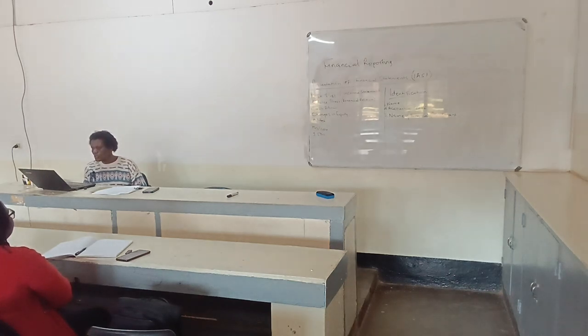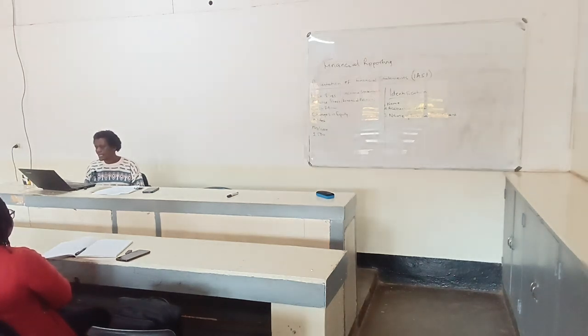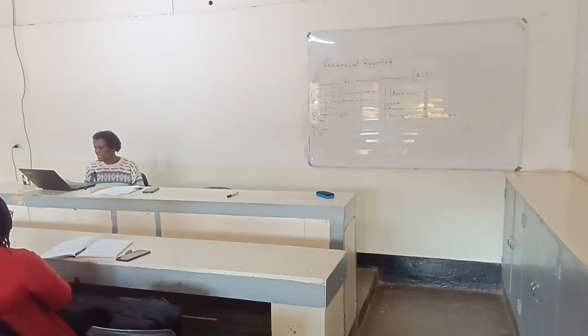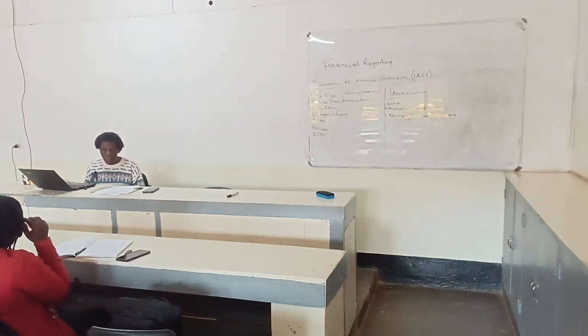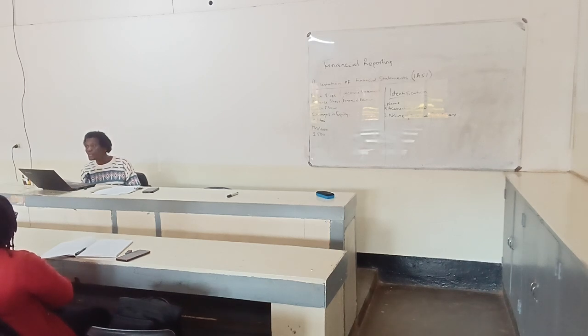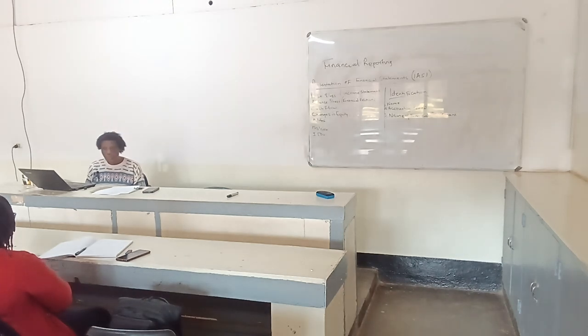So this is what they're telling us, that timelines are very important, that we should specify the reporting period. If you report after that, values are not going to be the same. Things change. Today you go to the shop, you find one price. Tomorrow it may be the same.